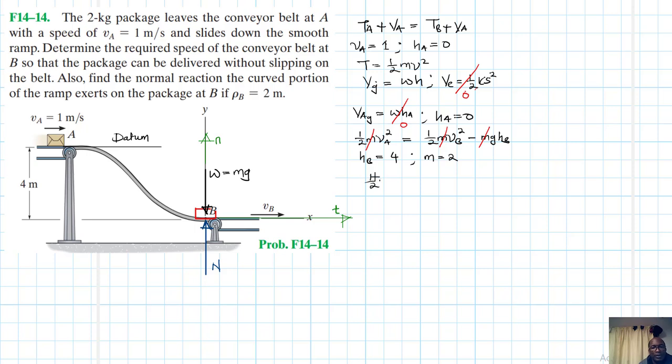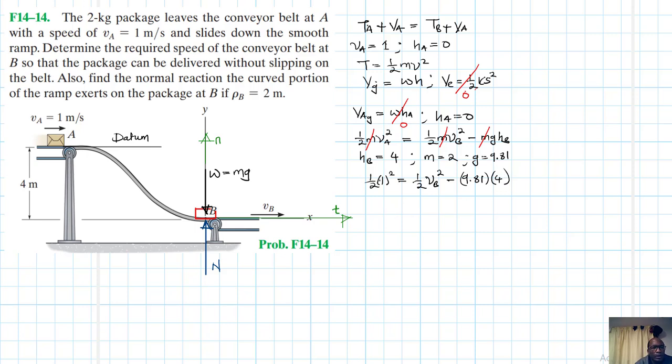So this just becomes half times 1 squared equal to half times v squared, minus our g, which is 9.81, times HB, and our HB is equal to 4.